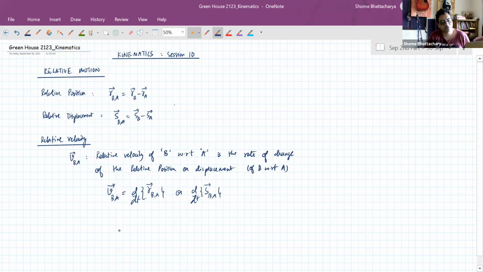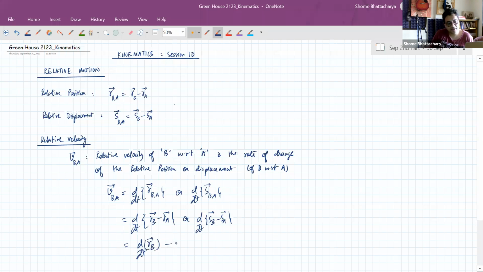Now, if you apply the above definition, you can see this therefore becomes equal to the rate of change of the difference of positions or difference of displacements, SB minus SA, in the ground frame. So further expanding this, this becomes the instantaneous rate of change of B's position minus the instantaneous rate of change of A's position in the ground frame.